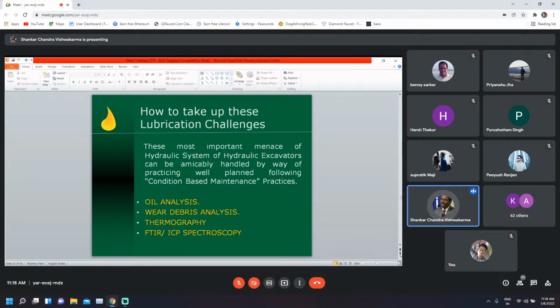And second, we are saving a lot of foreign exchange. This is important because we are enhancing the life, or the drain period. By enhancing the drain period, we are reducing the consumption and reducing foreign exchange outgo, and so many other things. So the cost of maintenance is also getting reduced by practicing this condition-based maintenance.